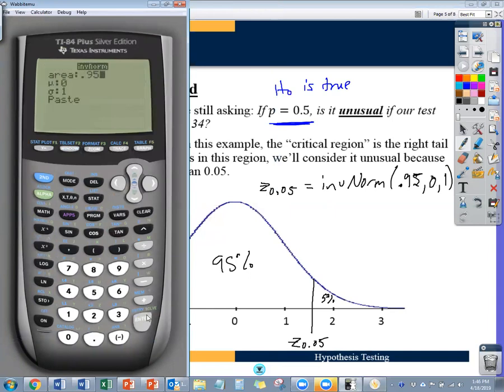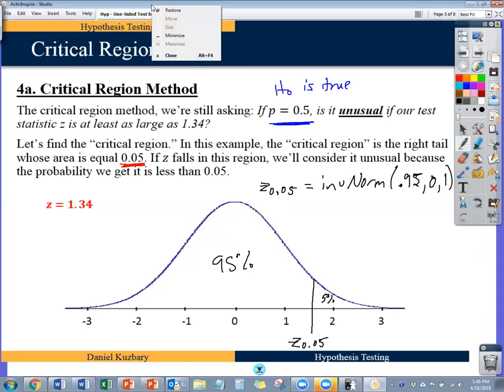Area to the left is 0.95, the mean is 0, standard deviation is 1, and I get 1.64 or 1.645 if you're getting that from the table. So the value I get is 1.645, and that marks off this region here.